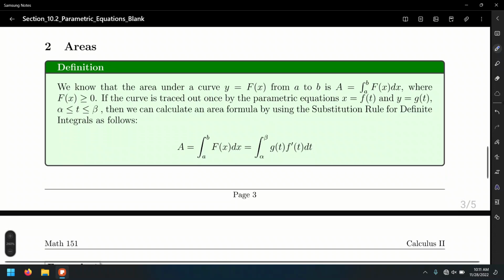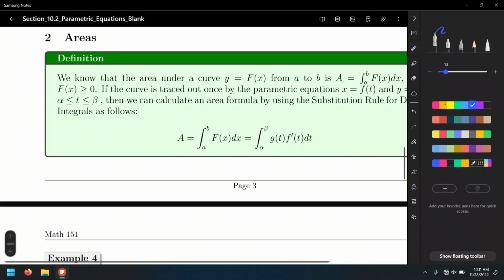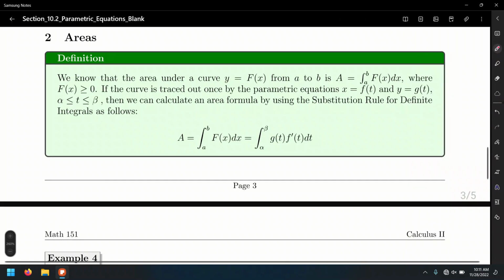In this case, I'm not going to go through all the details of the derivation of the formula. However, this is how we find it in rectangular form: just integrate f of x between a and b. That's the area.